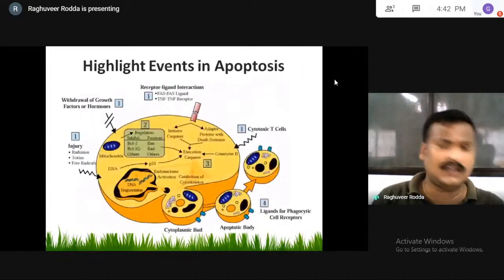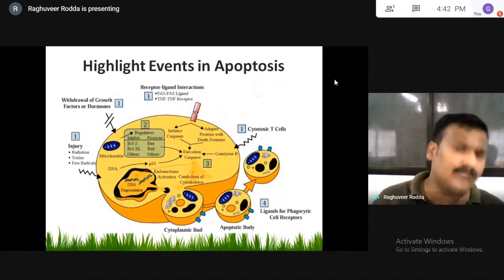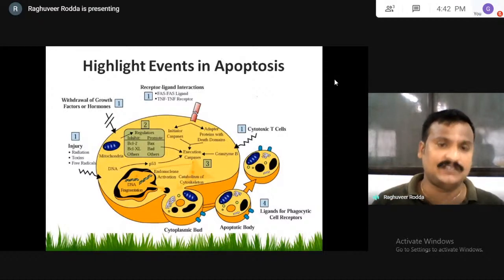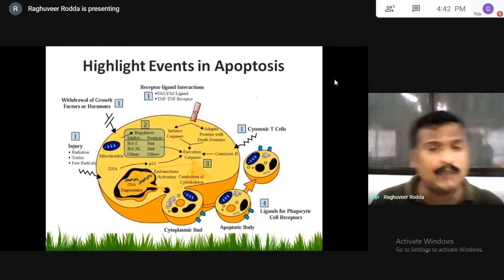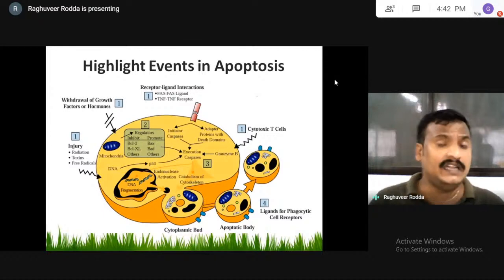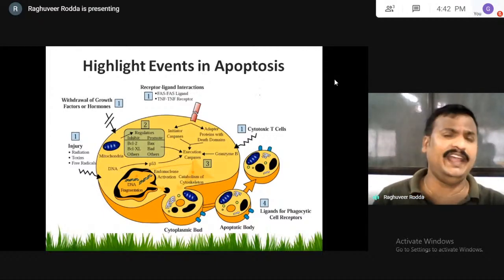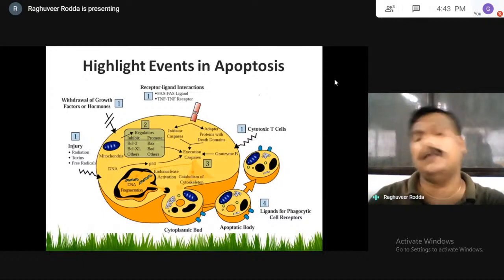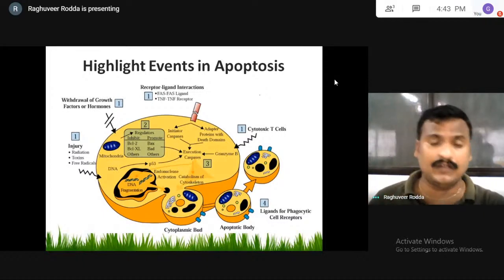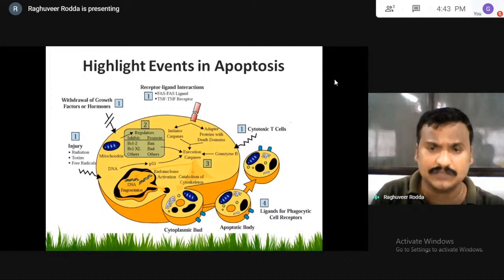And this gives detailed information about the apoptotic pattern, because compared to necrosis, the apoptotic patterns are very, very important, as they have a physiological background as well as a pathological background. Physiological conditions require a self-destruction process.